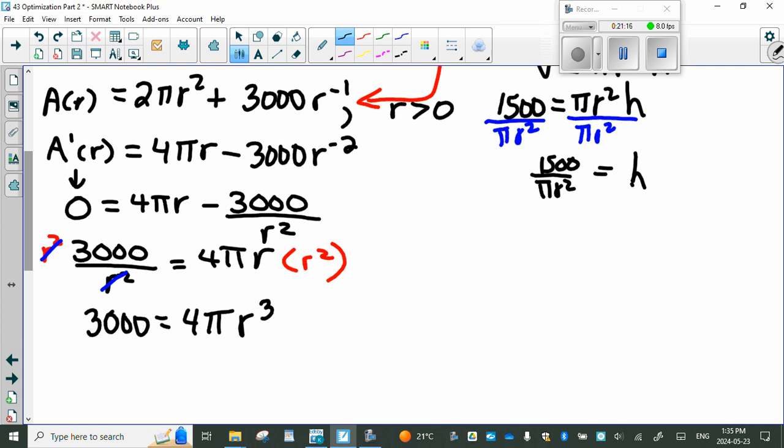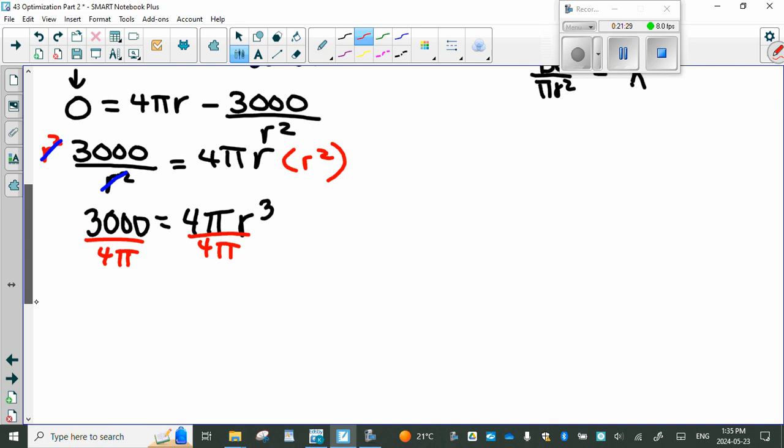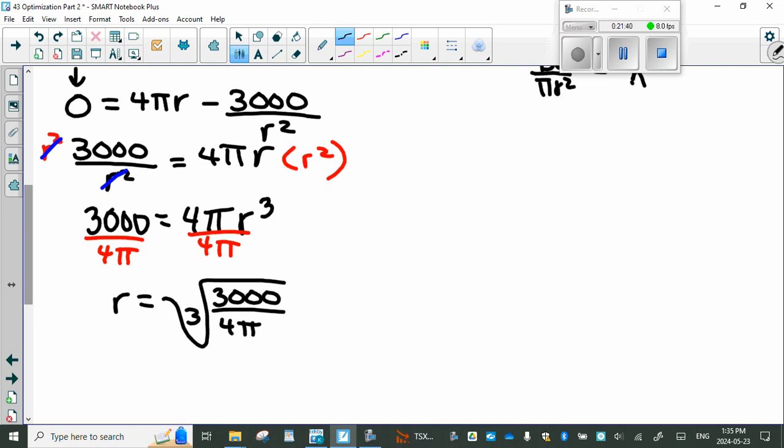Before the third root, what do I do? Divide by 4 pi. Yes. Okay, divide by 4 pi on both sides. So r is going to be the third root of 3,000 divided by 4 pi.